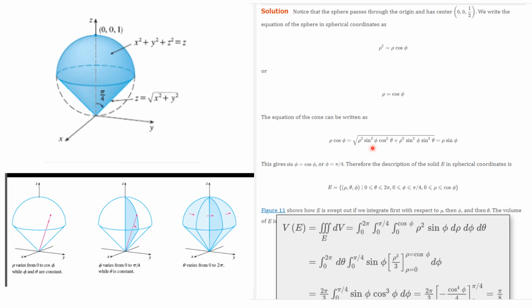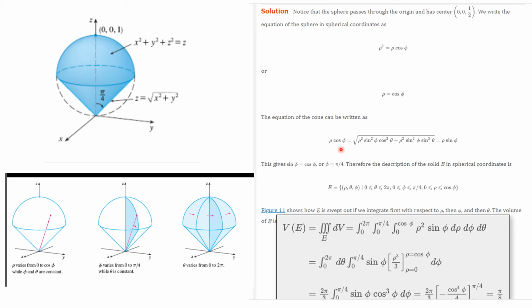So we can divide both sides by rho since it's greater than 0, and so rho is equal to cosine phi. And the equation of the cone, z equals the square root of x squared plus y squared, can be written as follows.